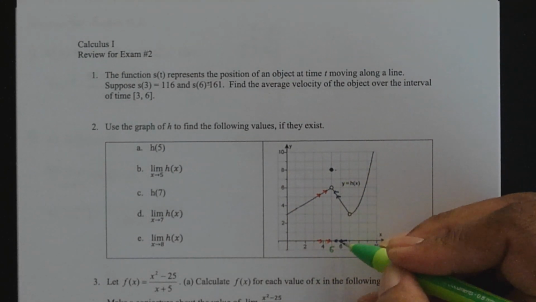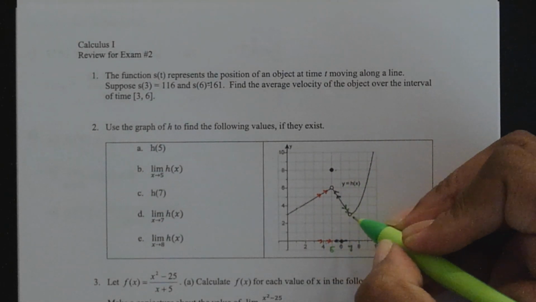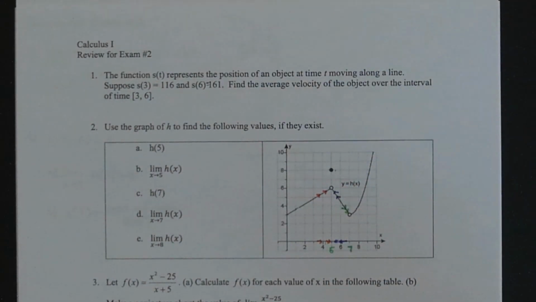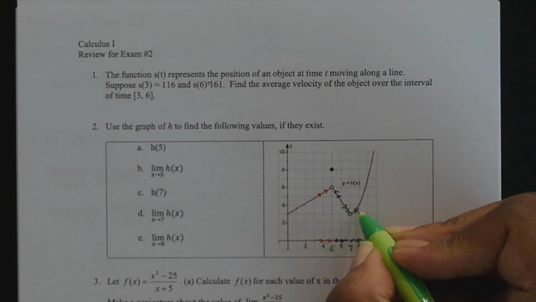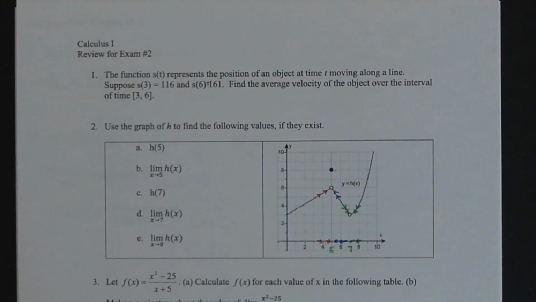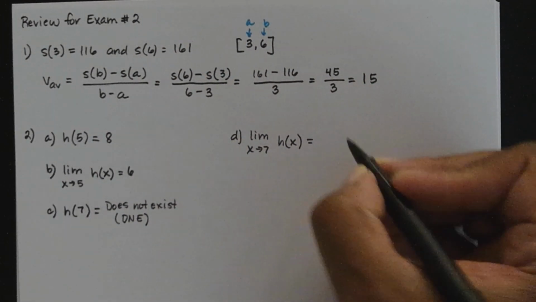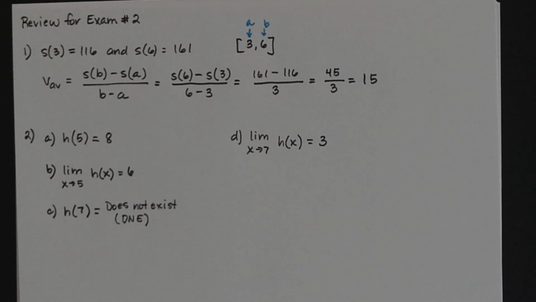Now, as we approach 7 from the left side of 7, these values will be approaching what number? 3. Okay. And what about to the right? Also 3. You can see that getting closer and closer to 3 on both sides. So that means that the limit as x approaches 7 of h of x would just be 3, but it won't get to 3. Okay.